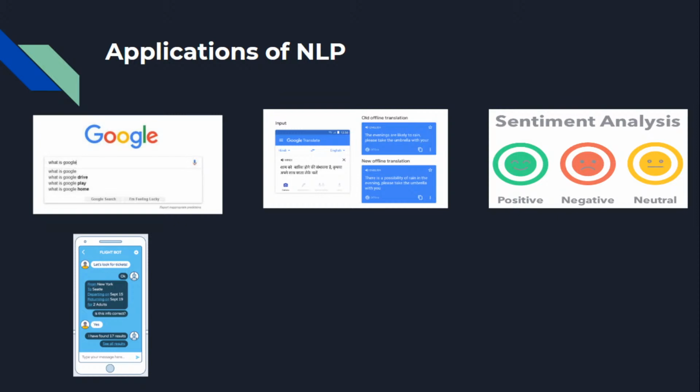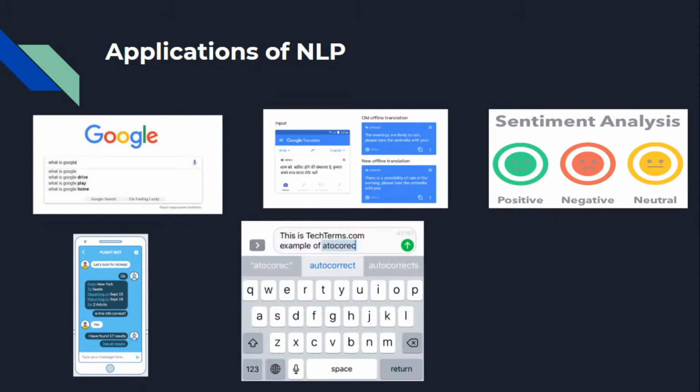Then also, in your phone you have autocorrect. How does it suggest some auto correction, like when you have made a spelling mistake?